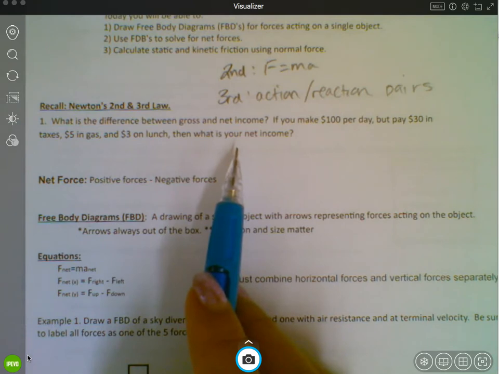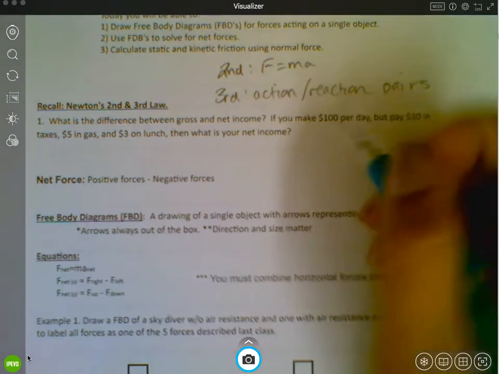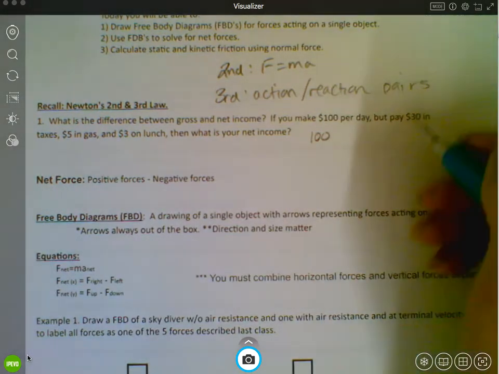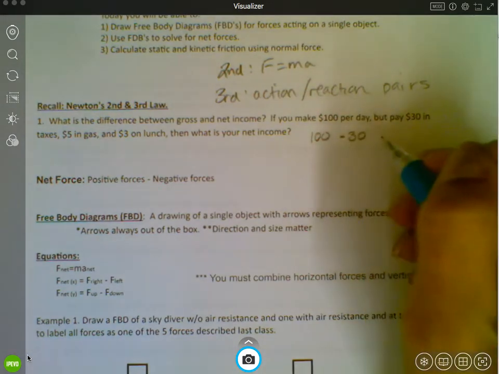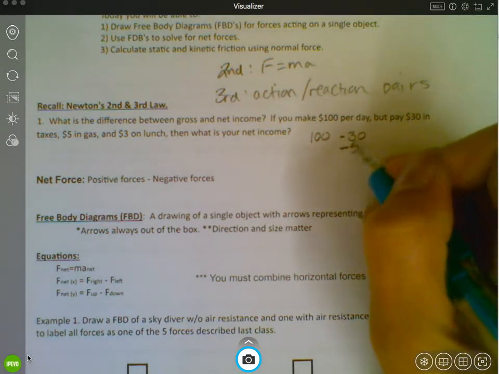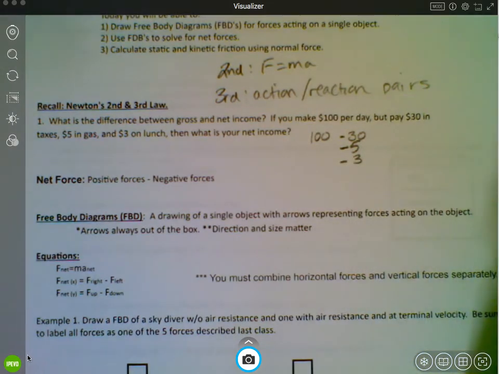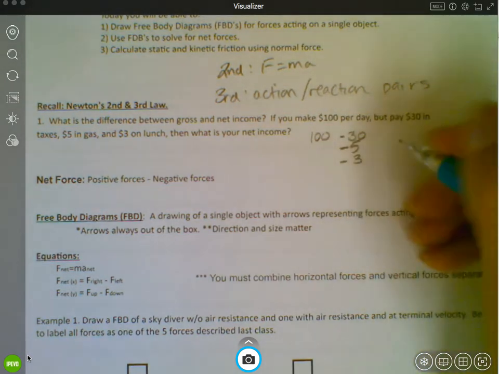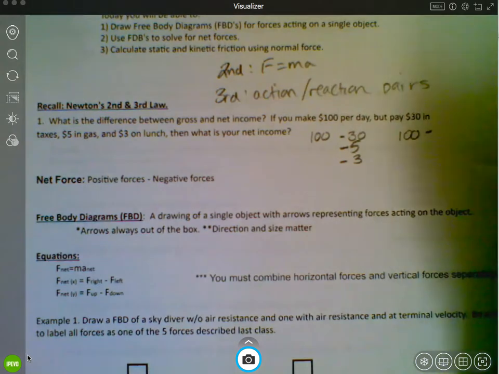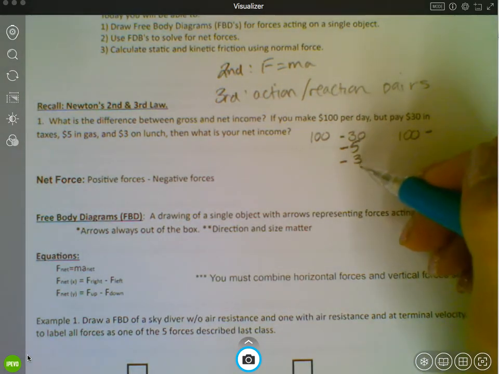I think this is pretty easy to figure out, right? We have $100 given to us, but then we pay out 30, we pay out another 5, and we pay out another 3. So if we take those away from 100, it's really 100 minus 38.